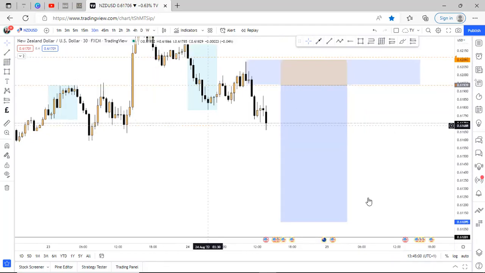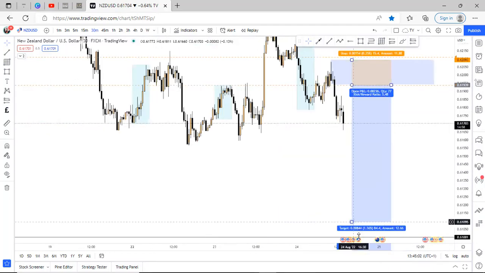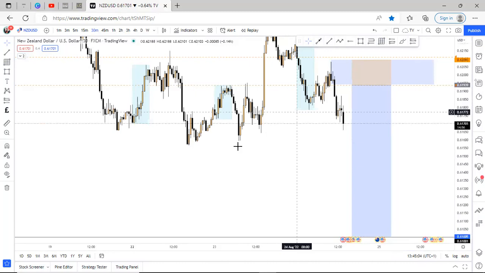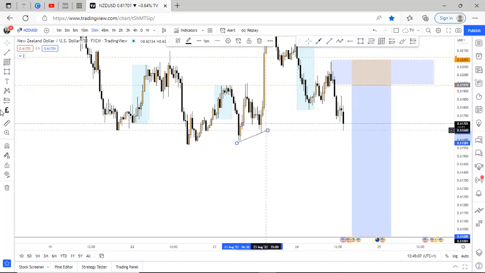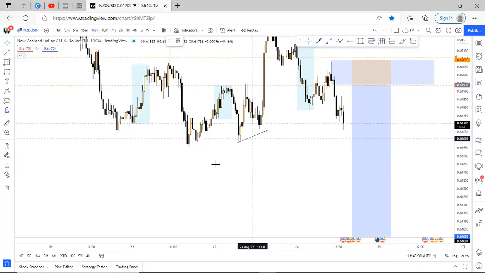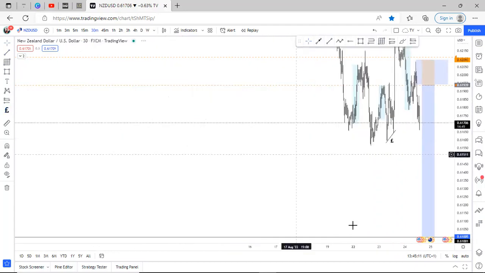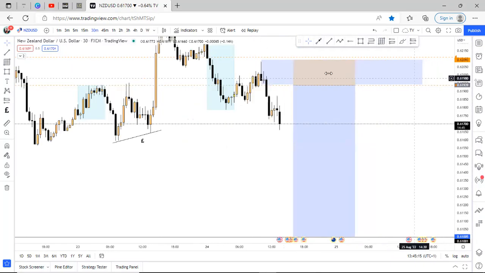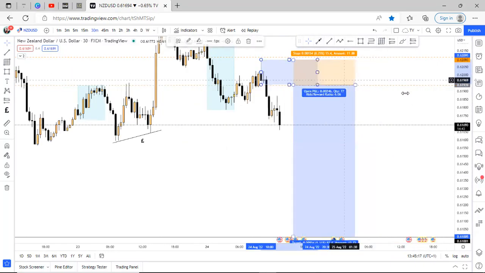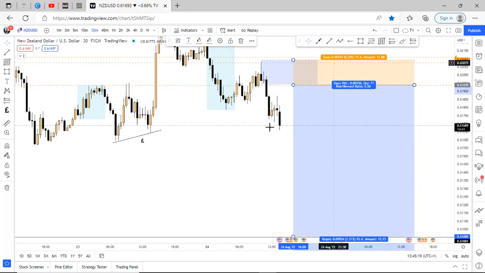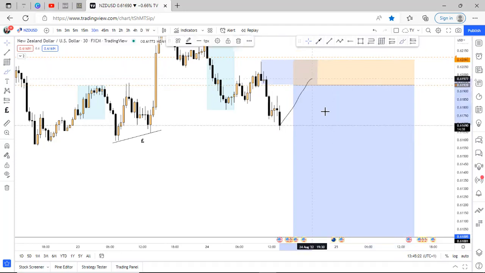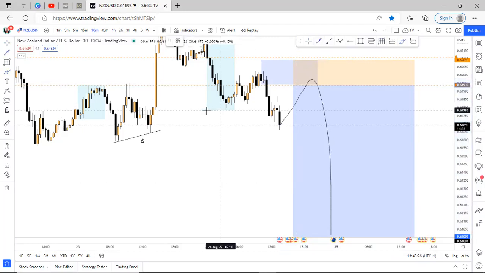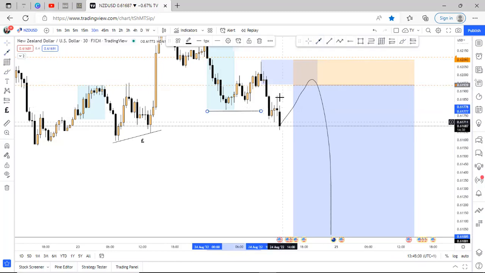But right now we're already in the New York session, and this is going to sell. I know for sure it's going to sell because this is a trend line liquidity that needs to be cleared, and the imbalance needs to be filled. So I am still hoping price returns back into this supply zone before price pushes down, so I can take my sell trade, because as you can see right now, we've taken the Asian range low and we've broken structure, and I'm expecting price to pull back.